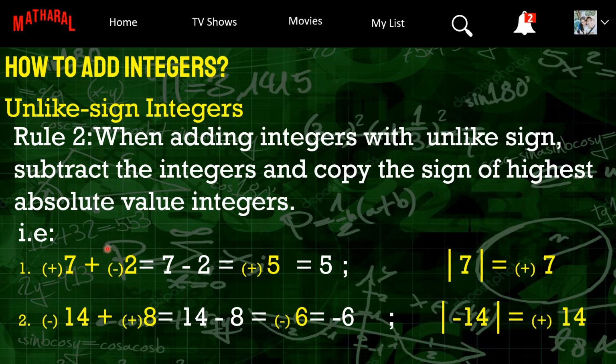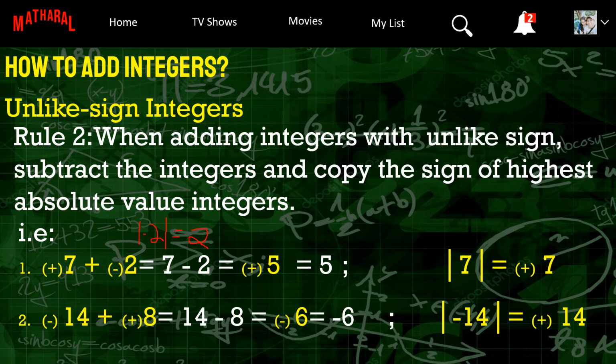The absolute value of negative 2 is 2. The absolute value of positive 7 is positive 7 itself.